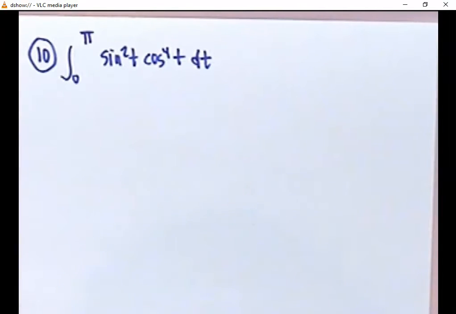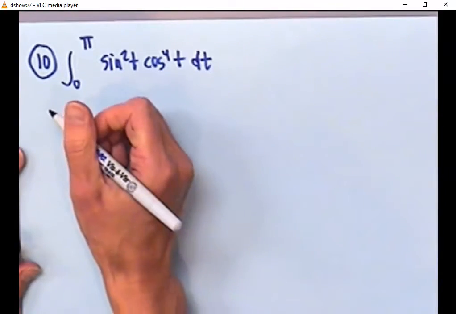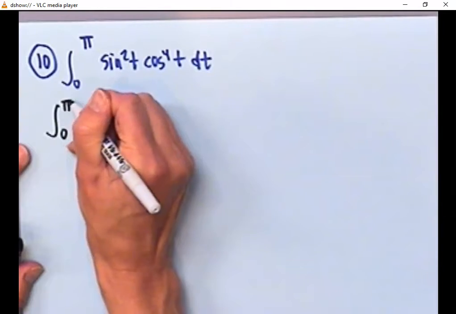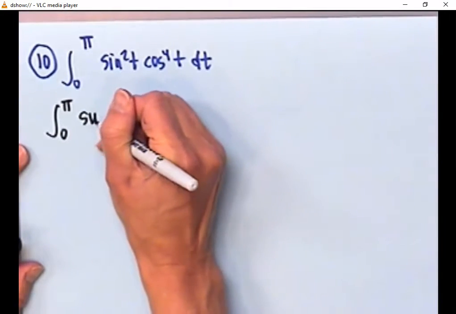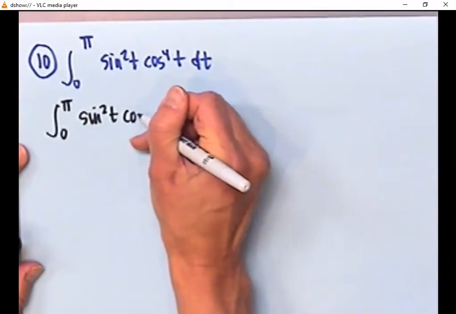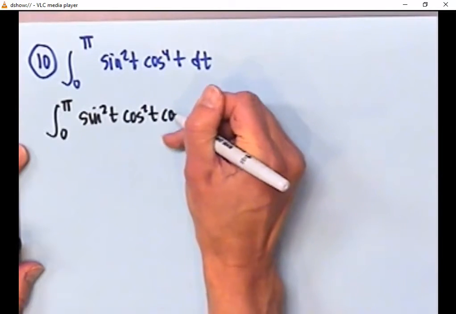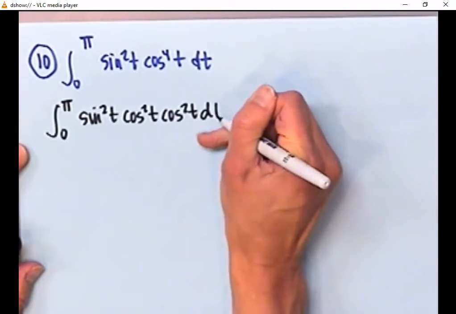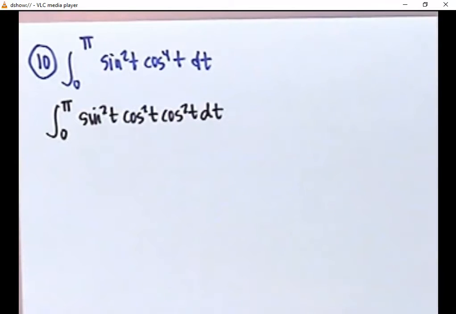Power reducing, a bunch of times. That's why it's kind of messy. You basically have to do power reducing on all of these. The sine squared, you can split up into cosine squared, and use the power reducing on all three of them, and then you might have to do it again. It might get a little crazy, but let's see what happens.